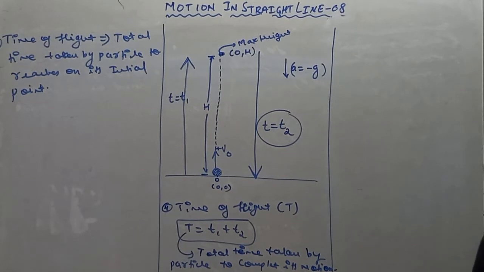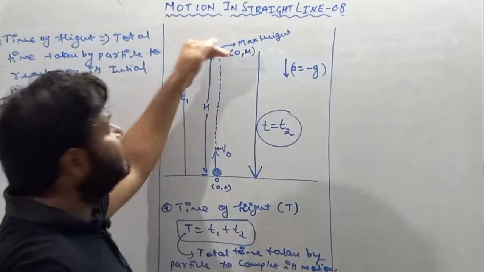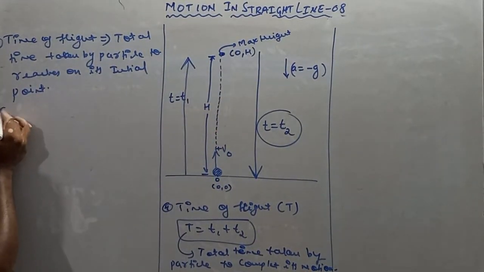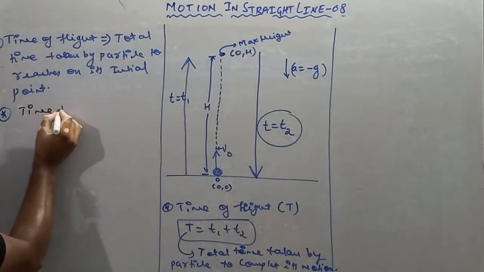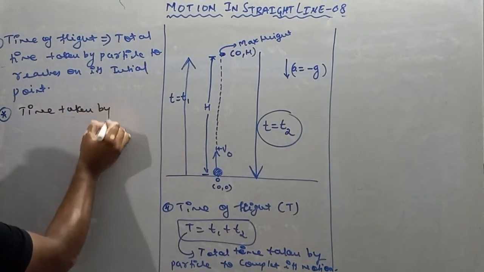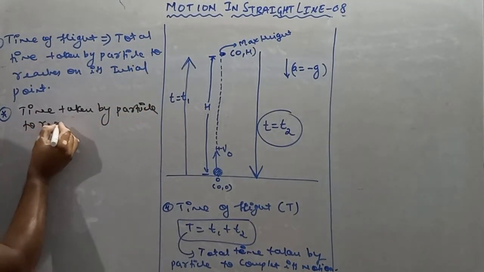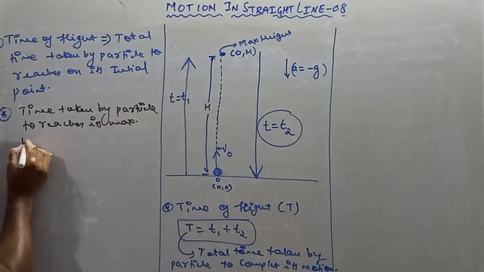Now my dear student, I'll find the time taken by the particle to reach maximum height. So write down the heading: time taken by the particle to reach its maximum height.